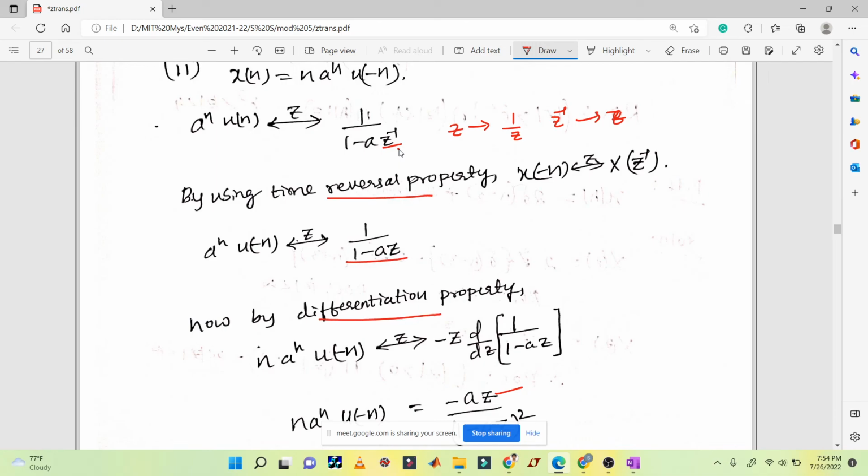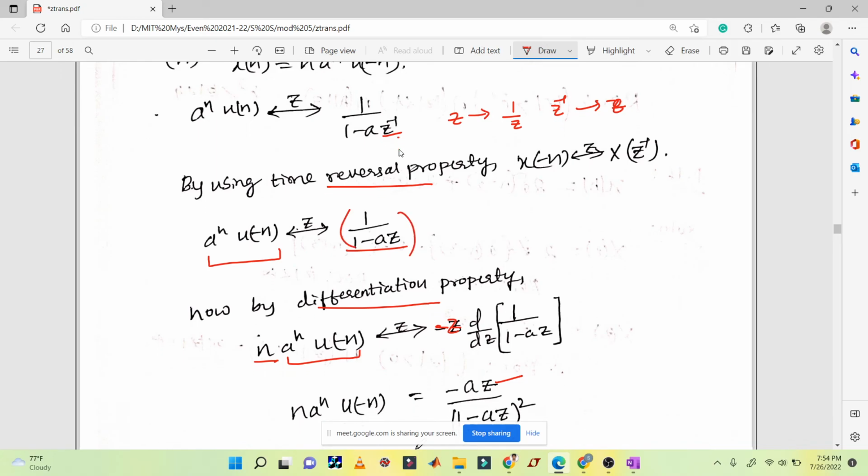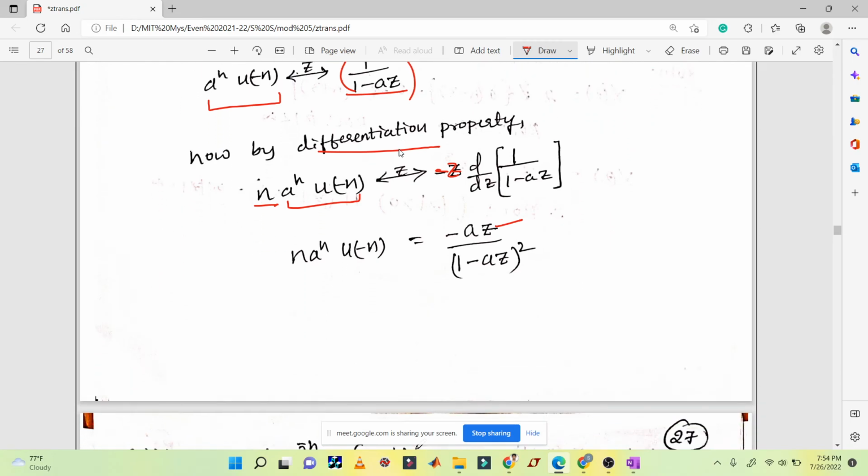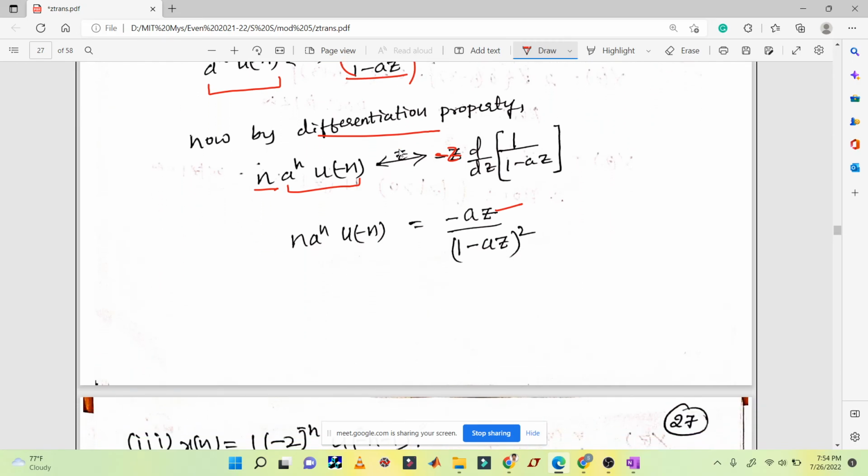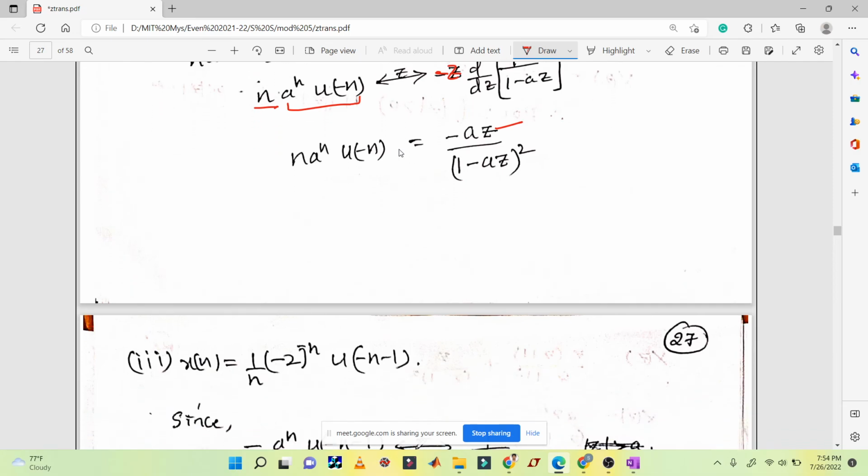After the differentiation property, here you need to watch the changes: a to the power n u of minus n multiplied by n gives minus z into d by dz of 1 by 1 minus az. So we are differentiating this. Okay, so this is the final answer. ROC is greater than a, already it is there, the same thing.